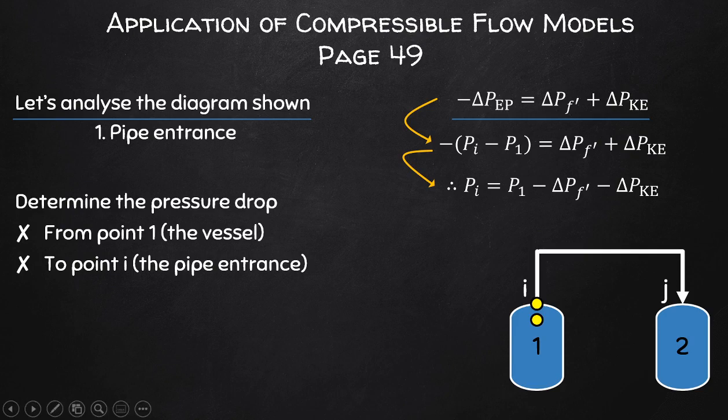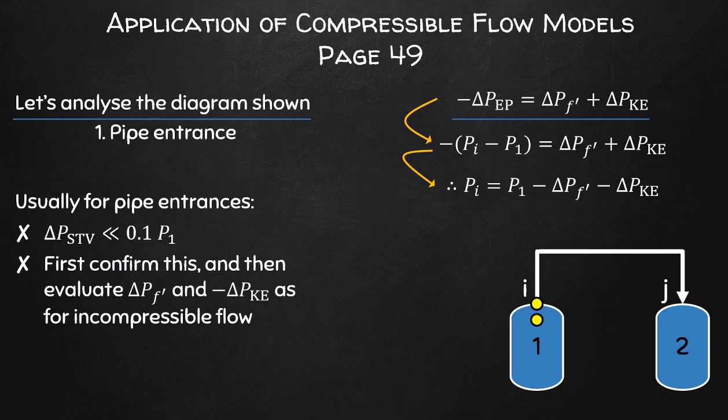Then an analysis is completed from point I to point J, and the fluid exits the vessel and enters the pipe, and its entrance is then taken as this point I. By computing the mechanical energy balance, it can be shown that the pressure at point I is equal to P1 minus delta P_f' minus delta P_KE, kinetic energy, right?